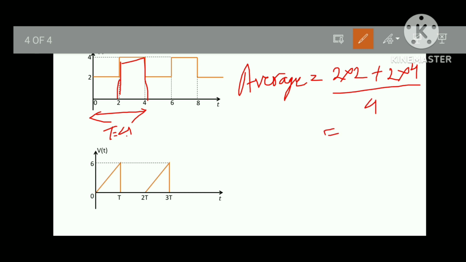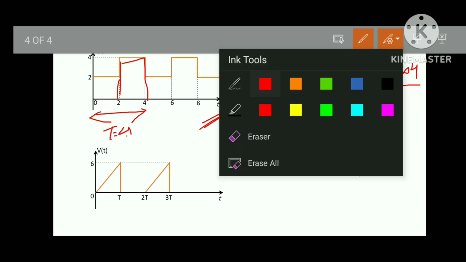So this is 4 plus 8 upon 4, which is equal to 3. So the average value of this waveform is 3.